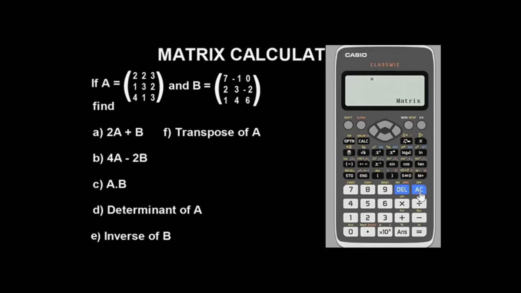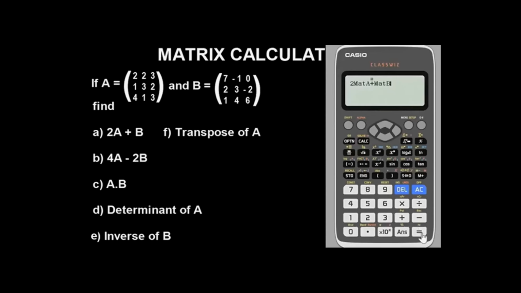So guys, A says we find 2 times matrix A plus matrix B. Very simple, guys. To do that, press Option, then Matrix A, which is 3. Then since we have 2, we press 2 first, then matrix A, then the plus, then matrix B. Go back to Option 4.